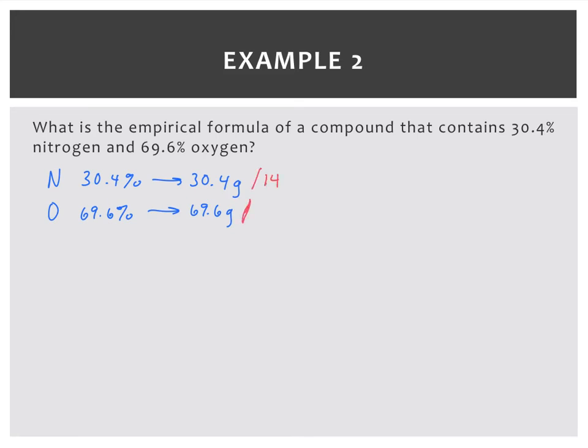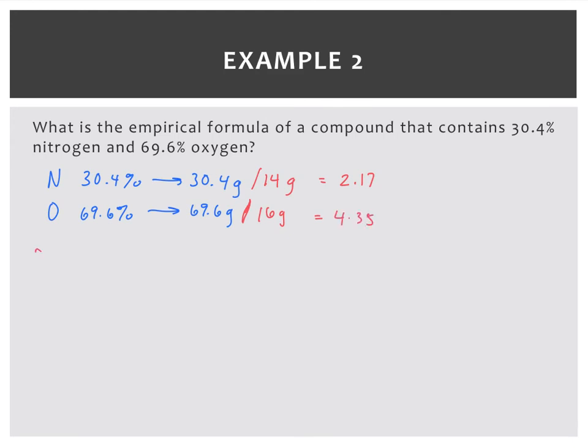Nitrogen is 14 grams to figure out how many moles. Oxygen is 16 grams. Okay, 30.4 divided by 14 gets us 2.17, and over here, 69.6 divided by 16 gets us 4.35.